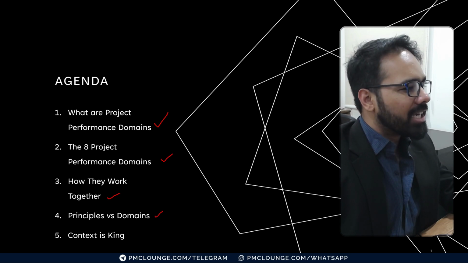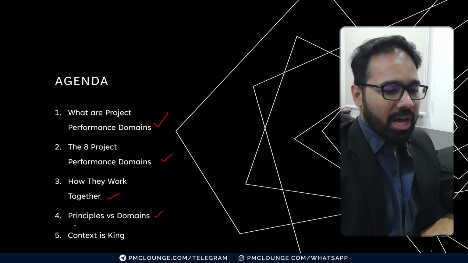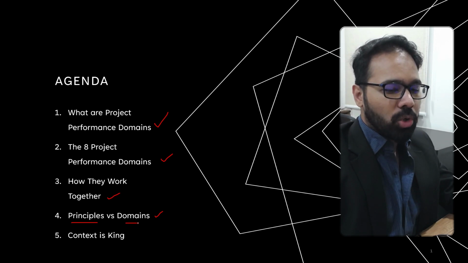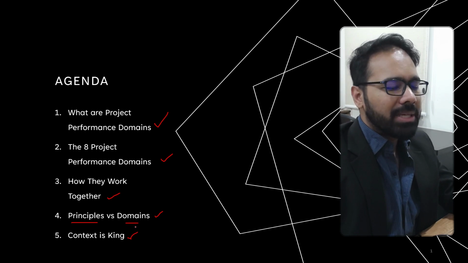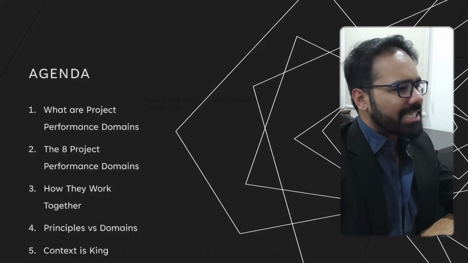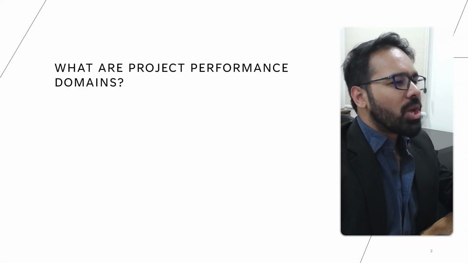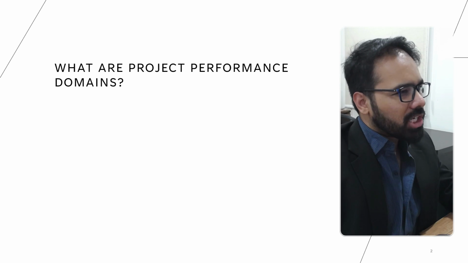Remember, we've already covered the 8 principles, right? So, how are principles different from domains, and how context is actually the king? So that would be the last topic. So these are the 5 topics that we are covering today. Let's get started and start off with our first topic, which is what are project performance domains?